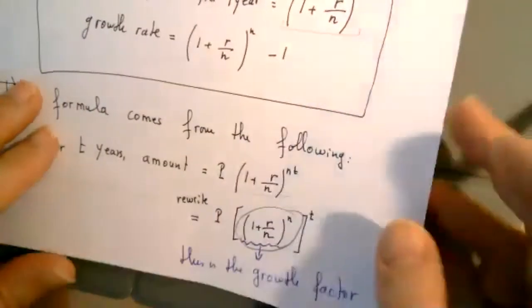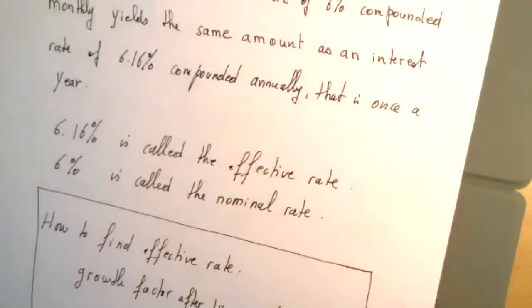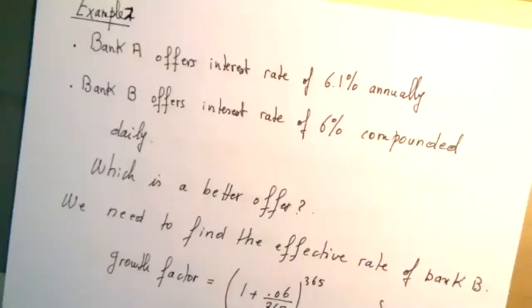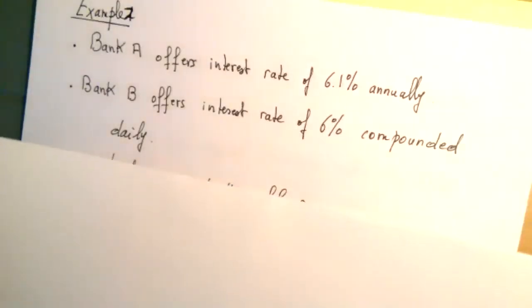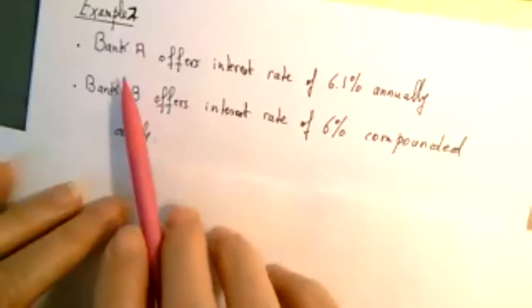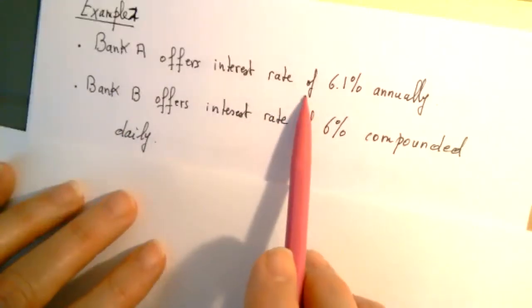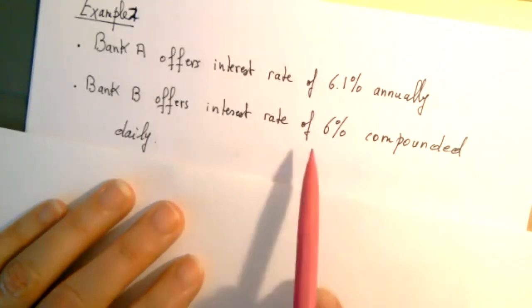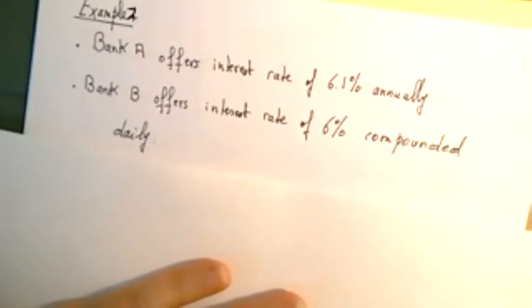So let's do a small exercise, because this is not really hard. This is my problem. You go to the bank. The first bank tells you, I'm going to give you an interest of 6.1% annually. The second bank tells you, I'm going to give you an interest of 6% compounded daily.